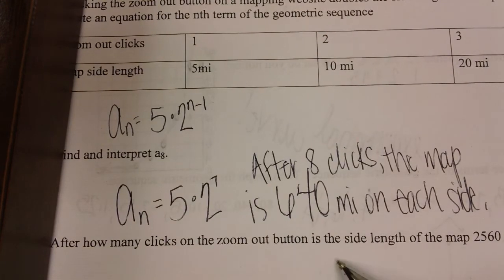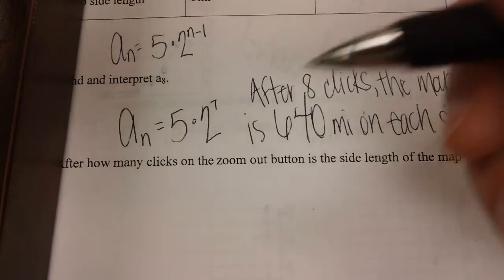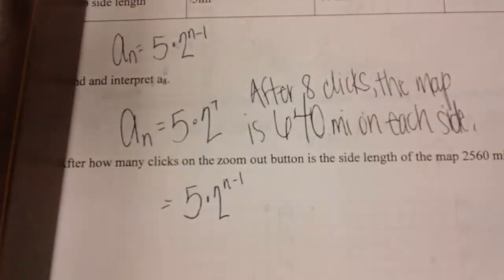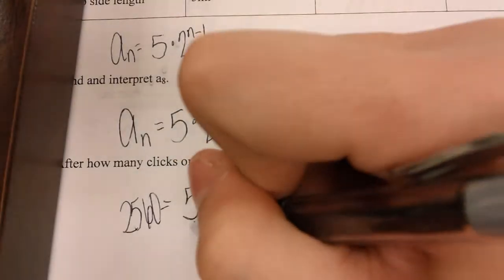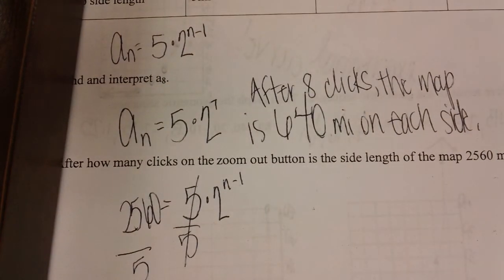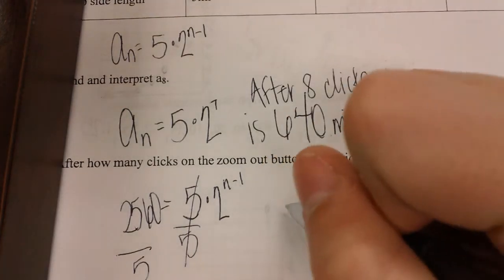After how many clicks on the zoom out button is the length of the map 2,560 miles? Well, we know our equation is 5 times 2 to the n minus 1 power. And if we're trying to figure out 2,560, we'll fill it in. We'll divide by 5, and we get 512.